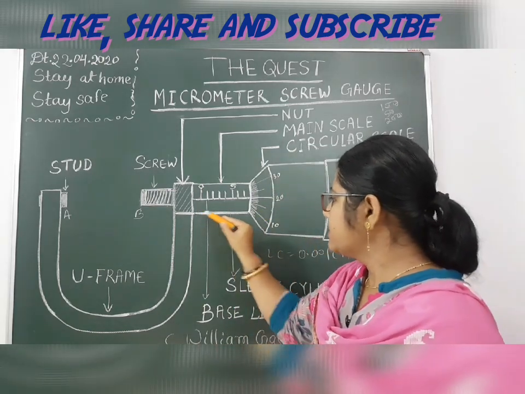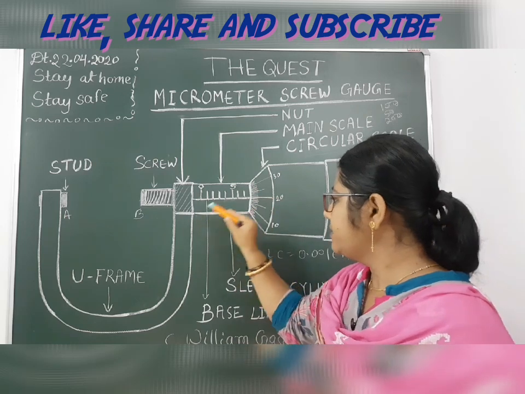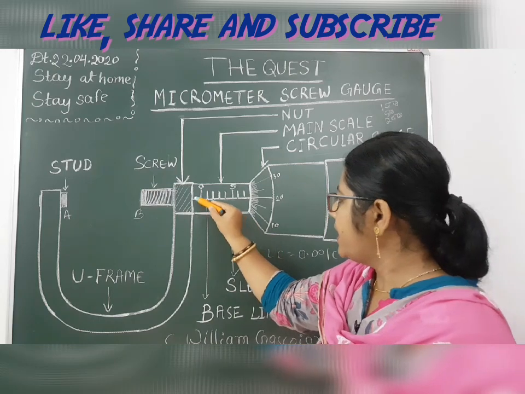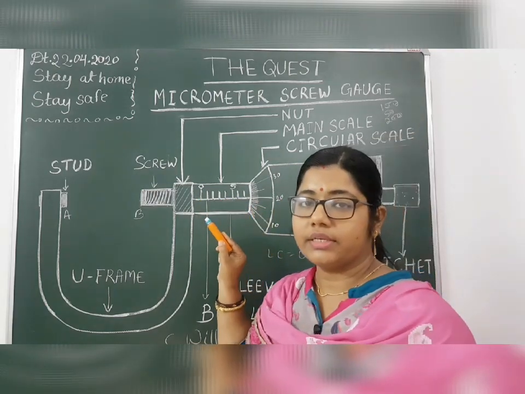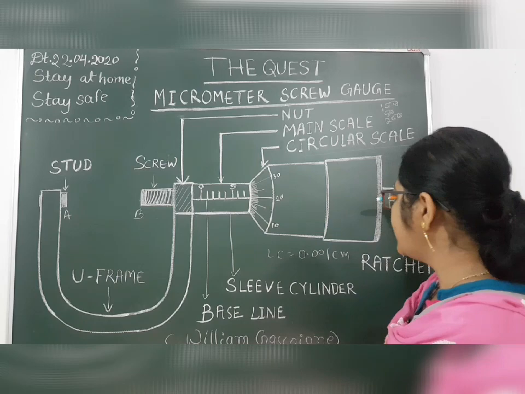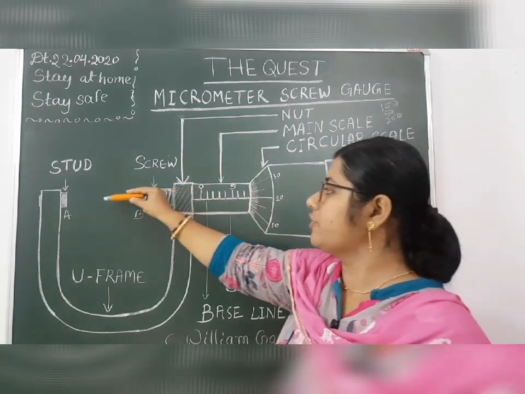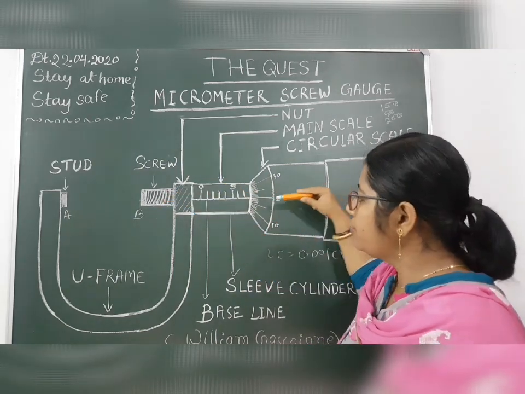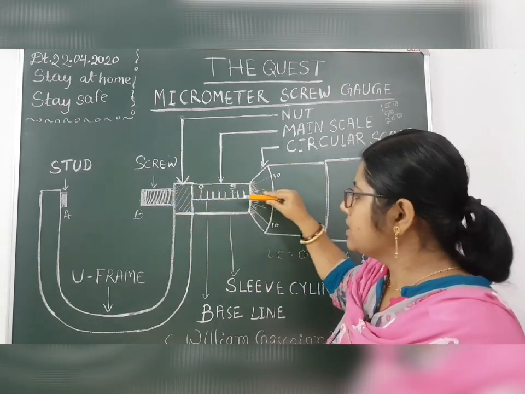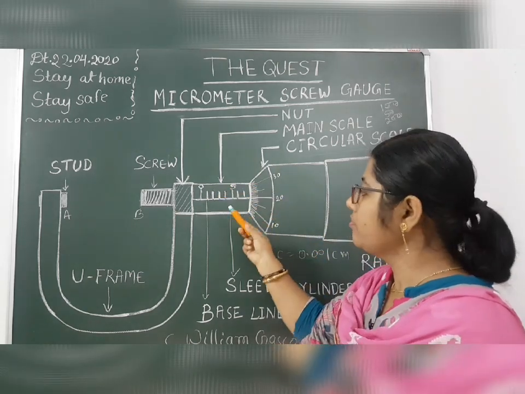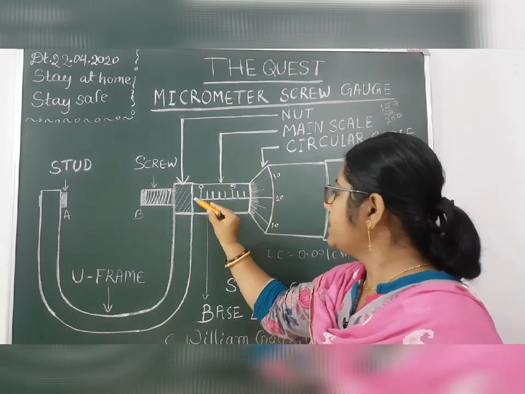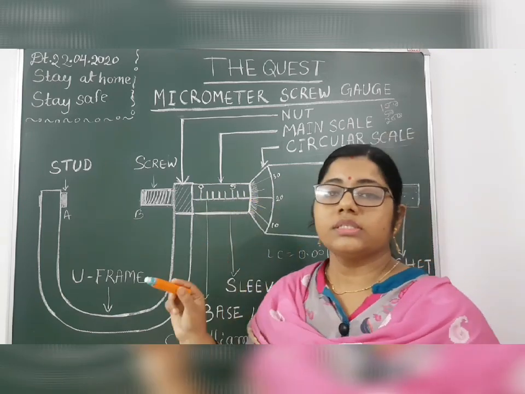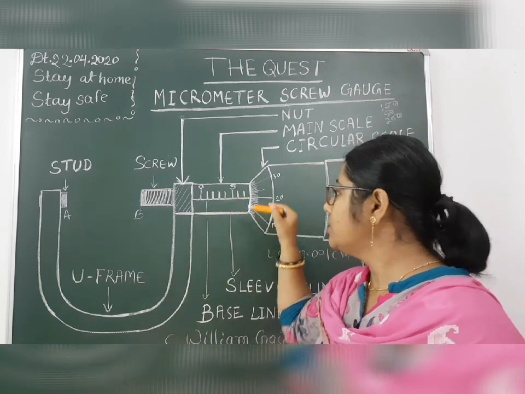Here a sleeve cylinder is also provided, which is fixed to the frame, and it has a linear scale over it, so that whenever the ratchet is rotated and the screw moves forward, this thimble cylinder along with the screw will move forward on this linear scale, and it is the baseline of the linear scale which is the reference line of the reading.